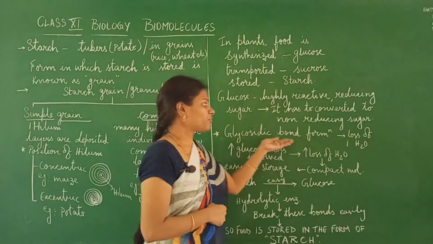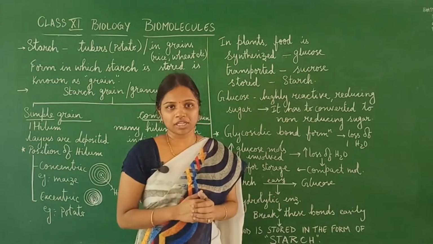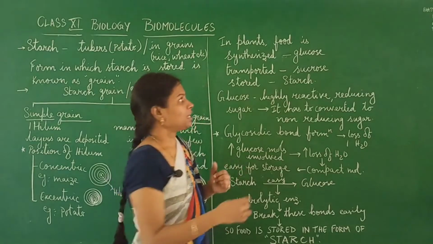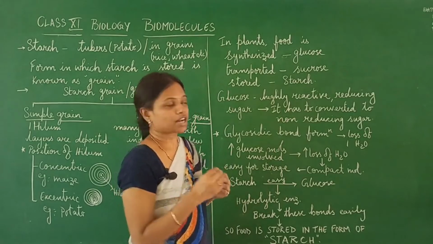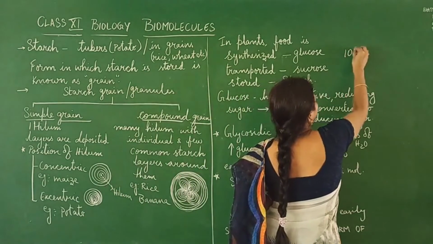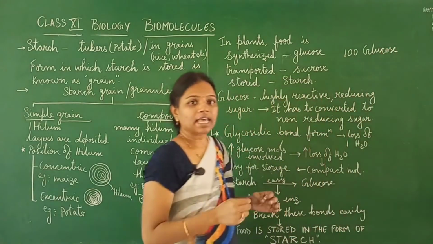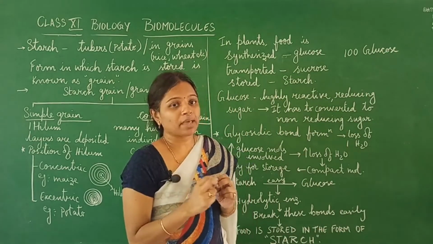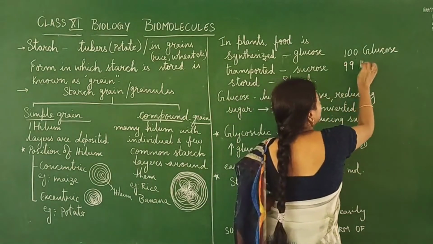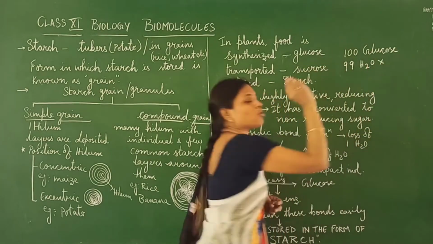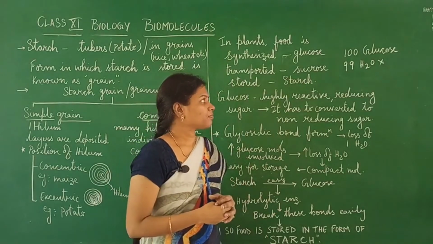Now, for the formation of each and every glycosidic bond, there is a loss of one water molecule. That means, for example, if there are 100 glucose molecules involved, then for the formation of the bonds between them, around 99 water molecules are removed from that particular substance.